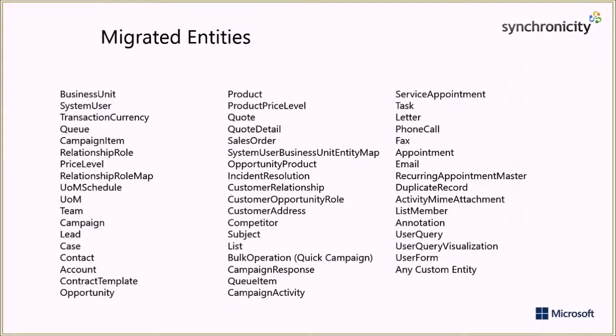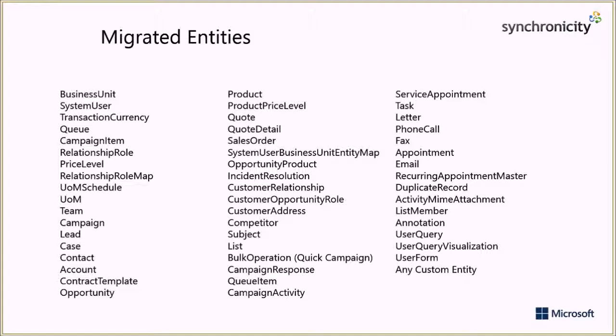Now, anyone that's tried to migrate data using some of the generic tools, and I've got to tell you, very often we get calls from people that have spent weeks trying to do this, and they come across our service and they're very, very grateful to engage with us on a fixed price to be able to close the project off and get the data migrated. But all of these standard entities, so standard system entities, are migrated, including user queries, so saved views, annotations, attachments, members of marketing lists.